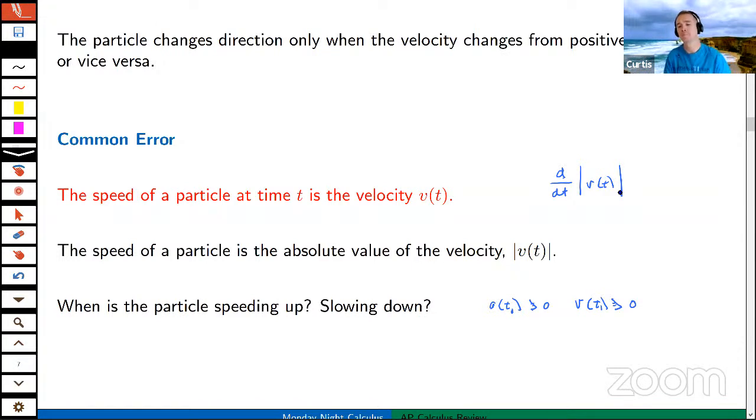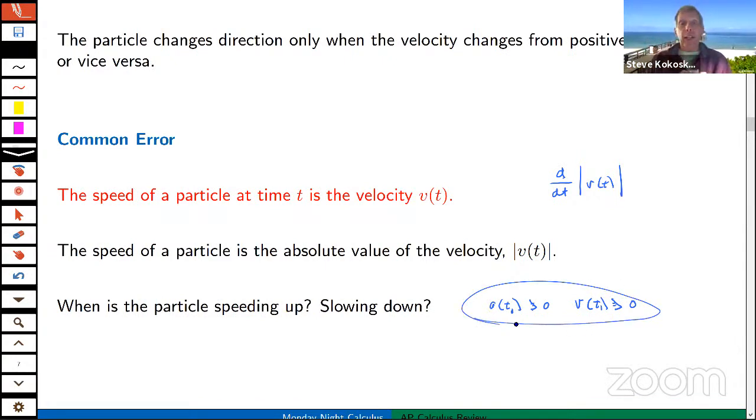If it turns out to be positive, it's speeding up. If it turns out to be negative, it's slowing down. It avoids all of this issue right here. That's actually really shrewd. Isn't that clever? I'm impressed. I don't know who that student was, but that's an impressive piece.